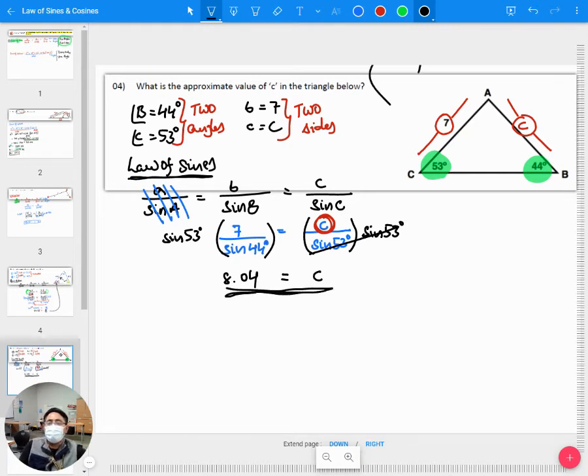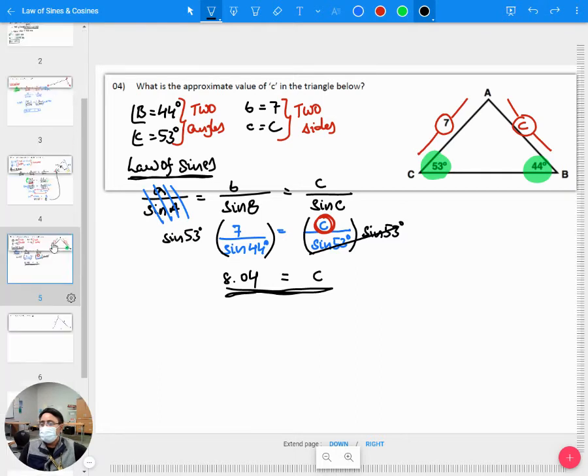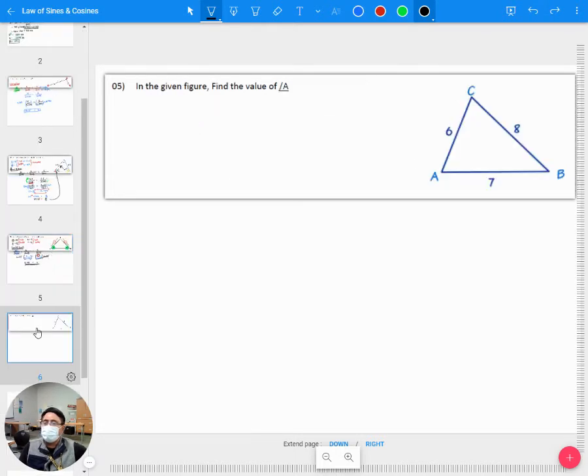But first of all, you should decide which ratio, which rule. Is it the sine rule or the cosine rule? That's what you have to identify. So let me take the next question really quick. You are asked to find angle A. So let me label these parts.